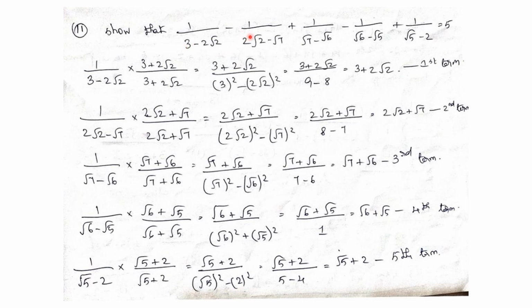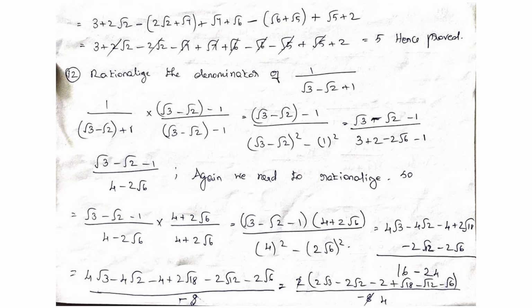So what I have done, I have taken each term separately and I rationalized that one. Okay, then I have written that as the first term, second term, third term, like that. Then after that, we need to substitute the values. If you do the calculation, we'll get 5. Hence proved.